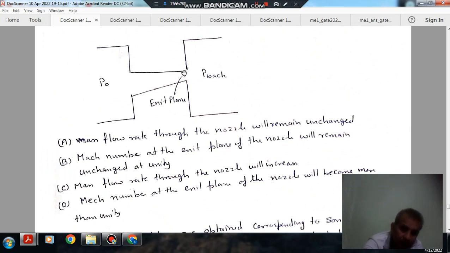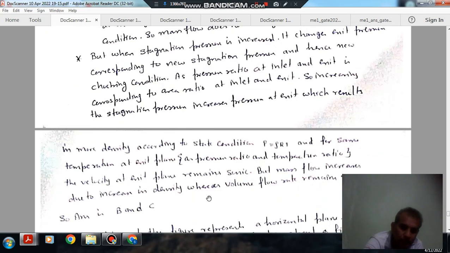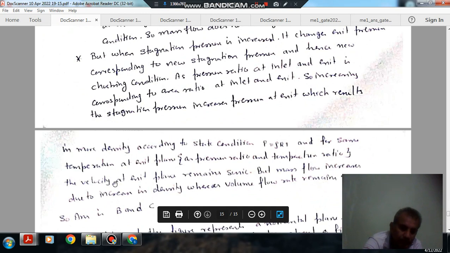As the pressure ratio and temperature ratio are the same, the velocity at the exit plane remains sonic, because sonic velocity corresponds to temperature. As the temperature is the same, the velocity is sonic and the same as in the previous case. But the mass flow increases due to the increase in density, whereas the volume flow rate remains constant.